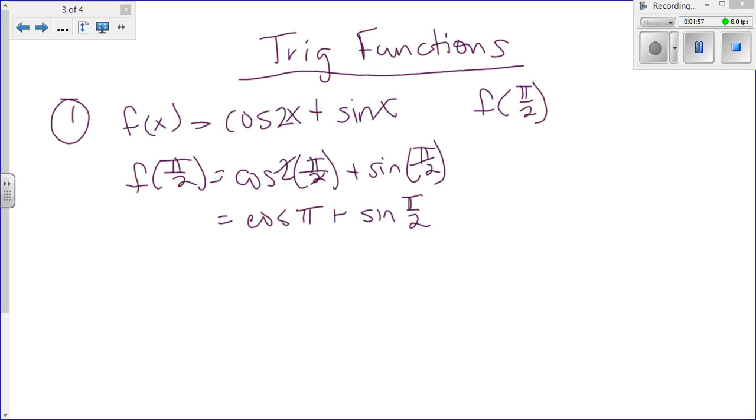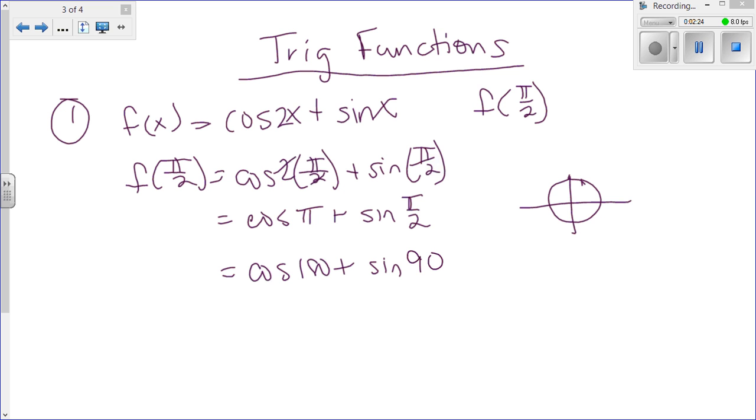We said that pi was equal to 180 degrees. You could put 180 in place of pi. So this is really the cosine of 180 plus the sine of 90, since 180 divided by 2 is 90. Then just use your unit circle.